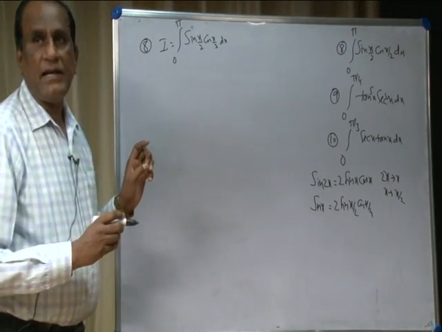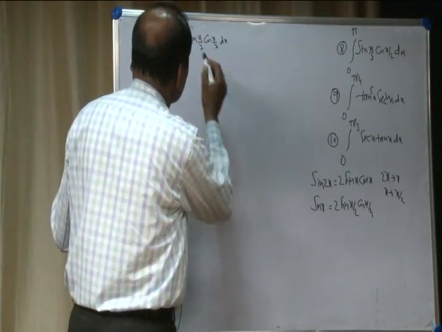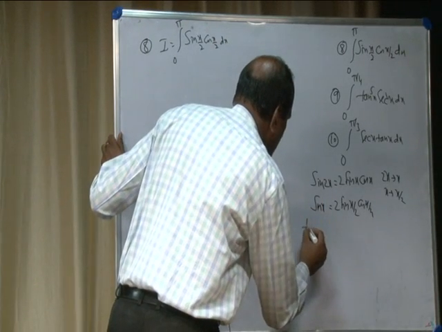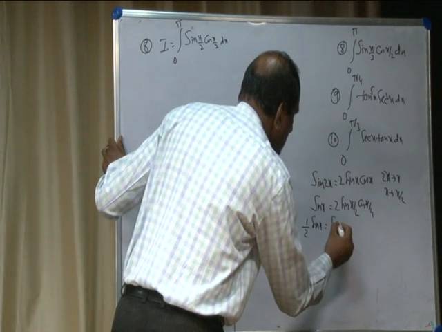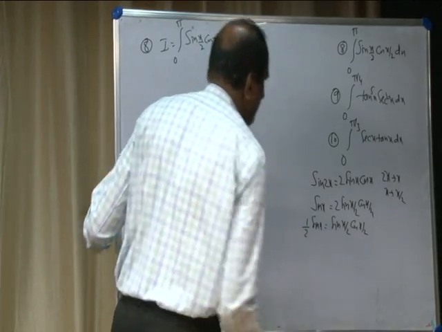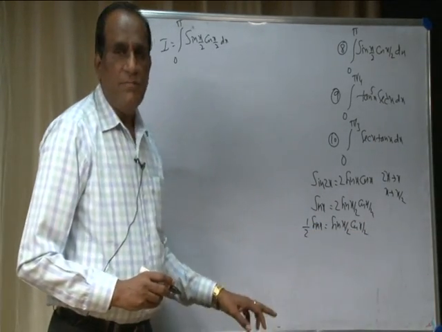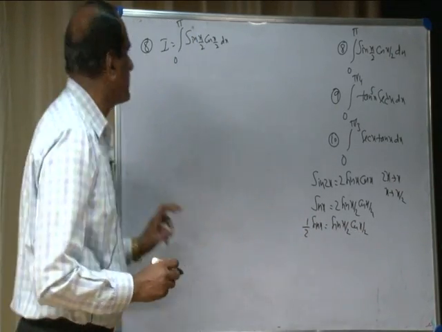What is the integrand? Integrand is sin x by 2 cos x by 2. So, 2 is transferred to this side, that is half into sin x is equal to sin of x by 2 cos of x by 2. Therefore, we can replace sin x by 2 cos x by 2 by half sin x.